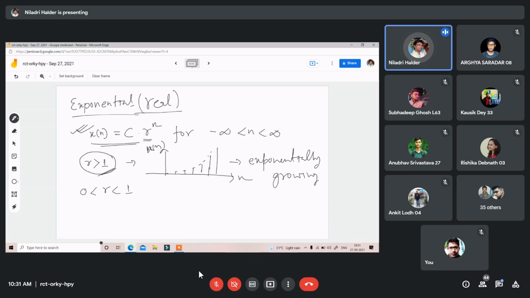Means you will get a curve that is exponentially decaying. Exponentially decaying means a curve you will get like that.